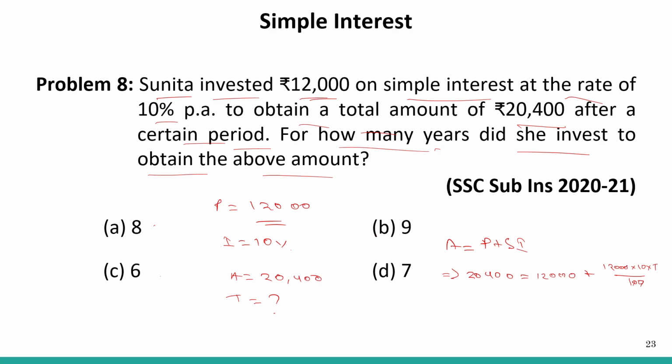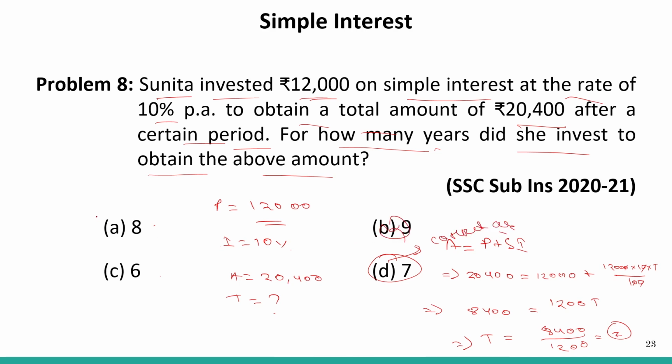Cancelling the zeros, we are left with 8,400 is equal to 1200 T. So T is equal to 8,400 by 1200, which is equal to 7, because 7 into 12 is 84. So the correct answer will be 7.